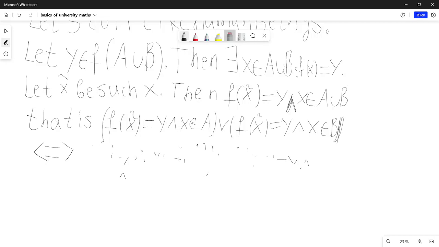And we just say, well, that implies, because that's certainly true, that y is an element of f of A, or y is an element of f of B. Hmm, I'm actually starting to doubt if that is really true.